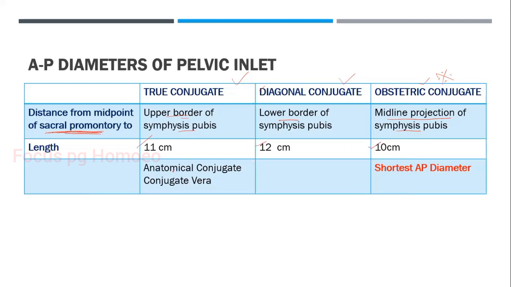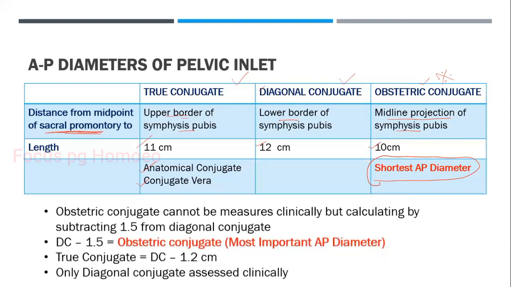The true conjugate is also known as the anatomical conjugate or conjugate vera. What is the speciality of the obstetric conjugate? It is the shortest antero-posterior diameter. And which is the shortest transverse diameter? It is the bispinous diameter. These two diameters you have to remember, because these have been asked as questions in previous years.